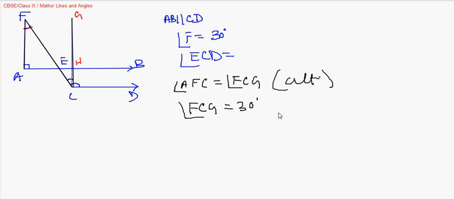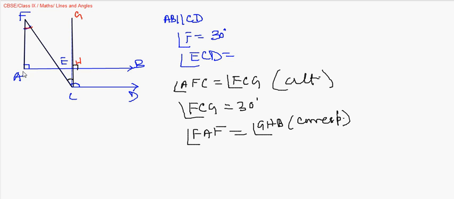Now we know that AF is parallel to CG and AB works as a transversal for those two parallel lines. So FAE will be equal to GHB, those two being corresponding angles.